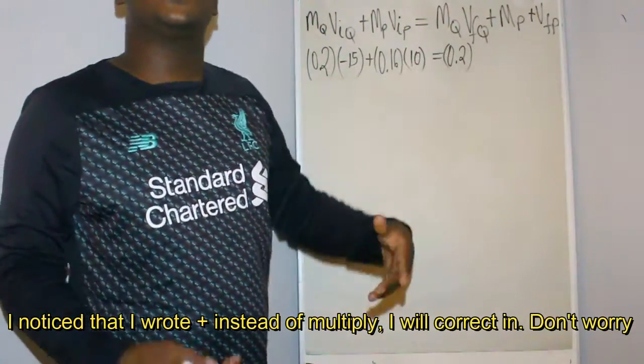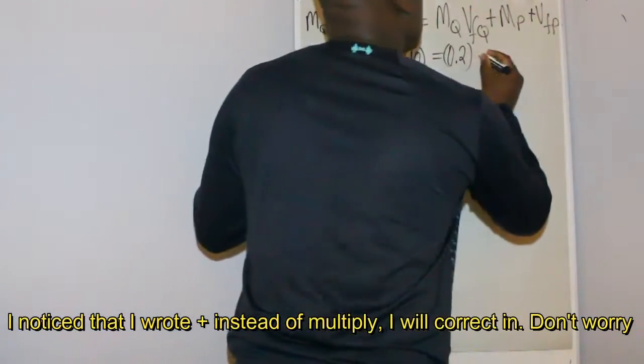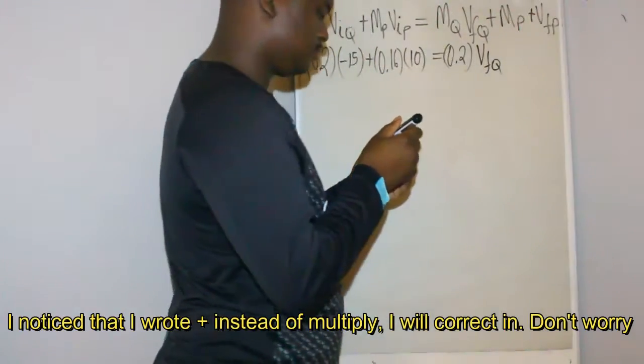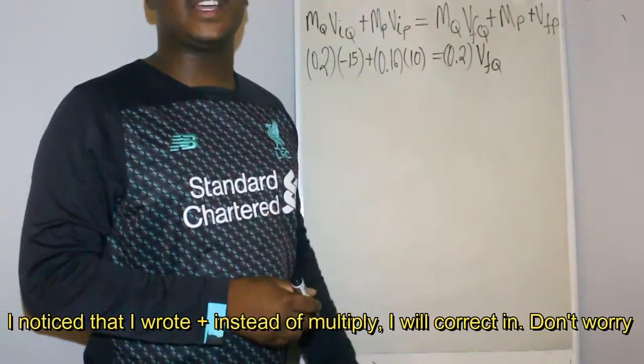But the final one after the collision you are not given. That's what you want, so you leave it as an unknown. So you write V final of ball Q, because that's what you don't know and want to investigate.